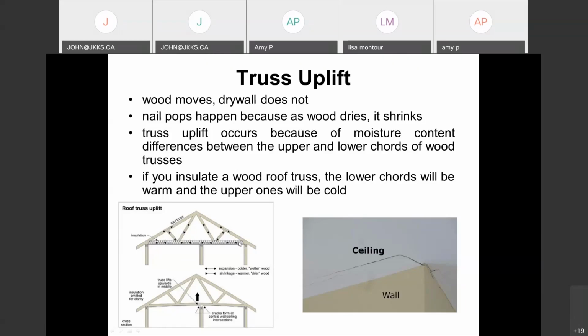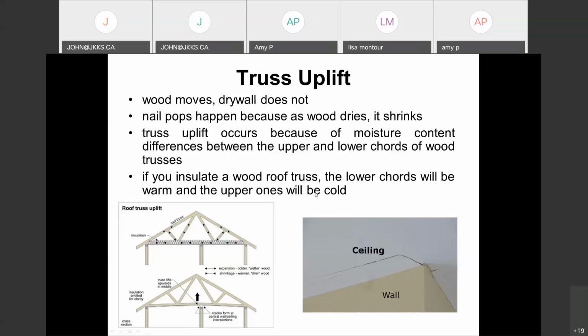What happens is a temperature difference: warm air going up into the attic space, and a cool, ventilated, cold space here. Depending on the insulation, if you insulate a wood roof truss, the lower chords will be warm and the upper ones will be cold.